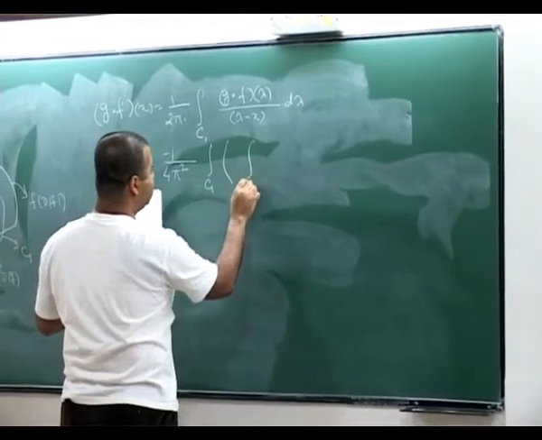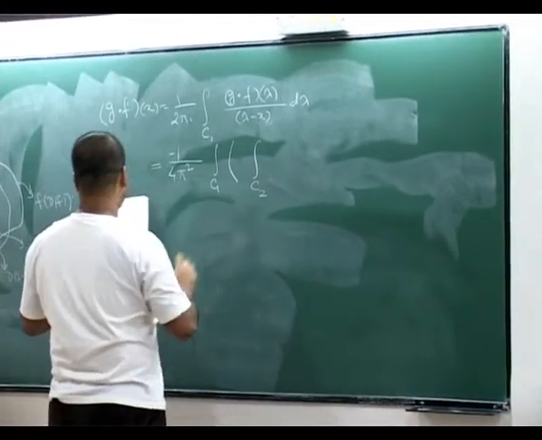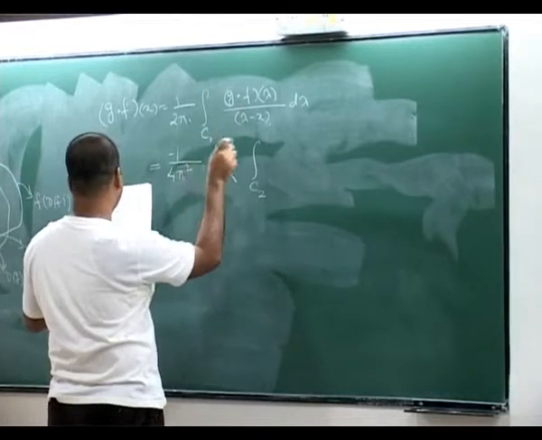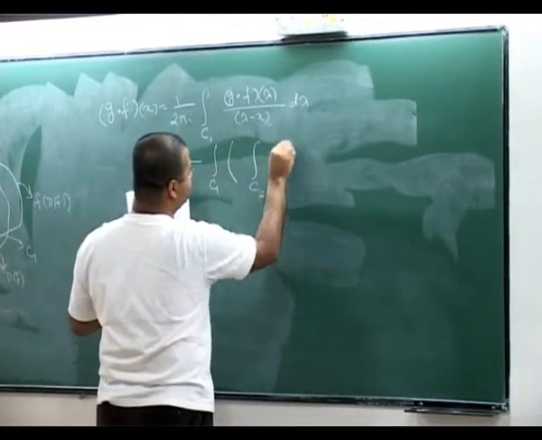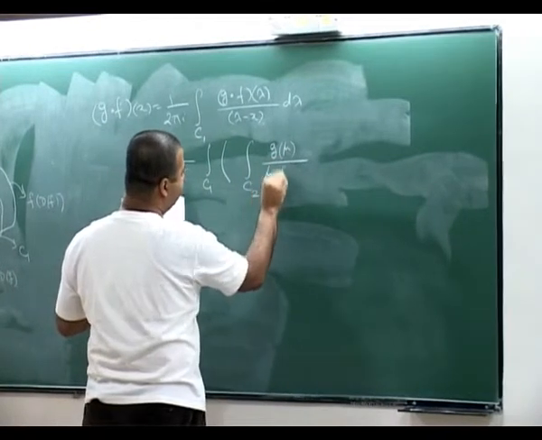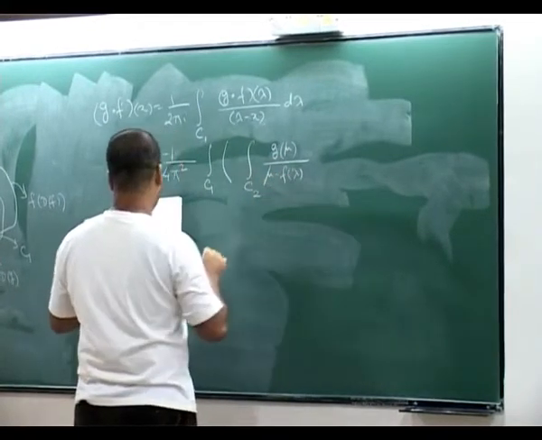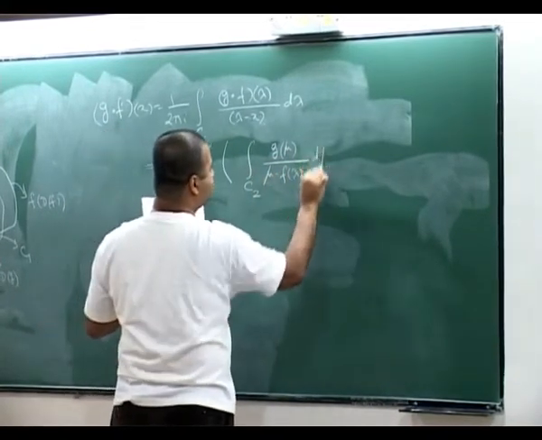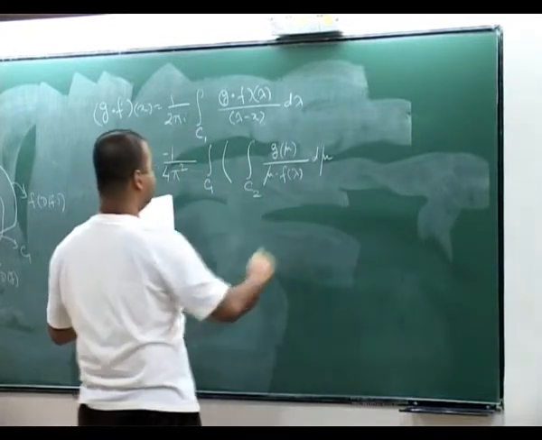So this is g of f lambda, you expand, and then it is g mu by mu minus f lambda d mu.